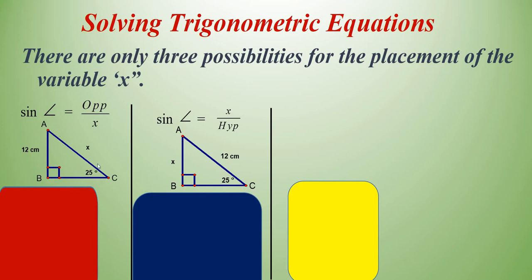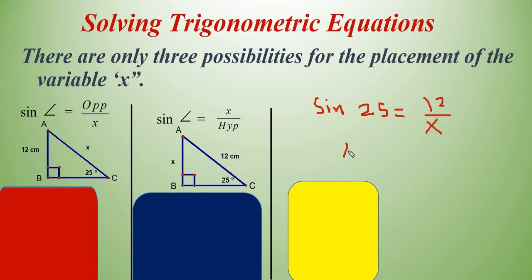We have triangle ABC, the measure of angle C equals 25, the length of the side opposite to angle C equals 12, and the hypotenuse equals x. To solve this triangle, sine 25 equals 12 over x.